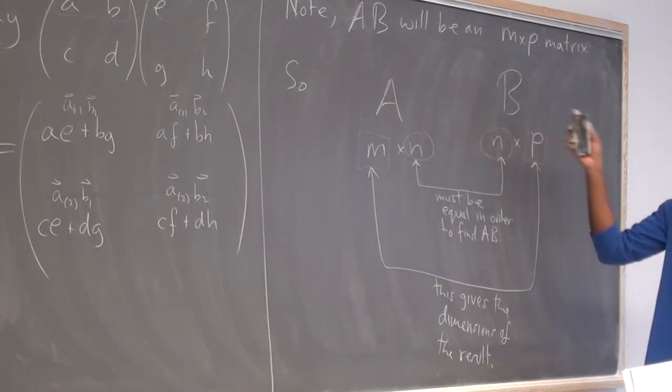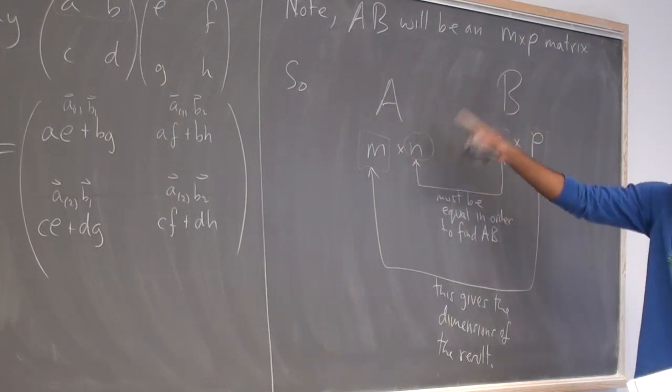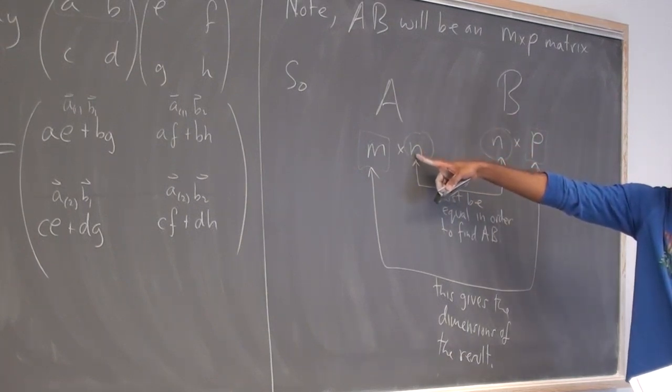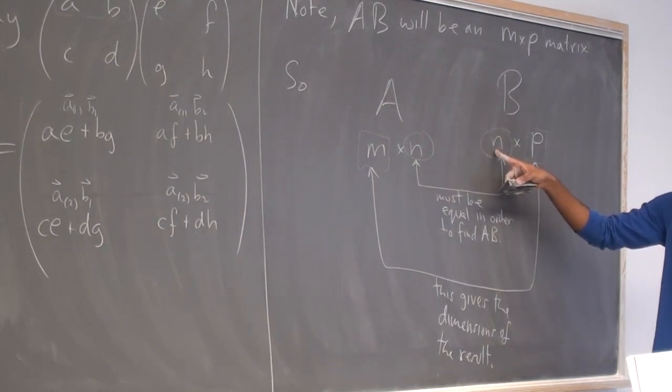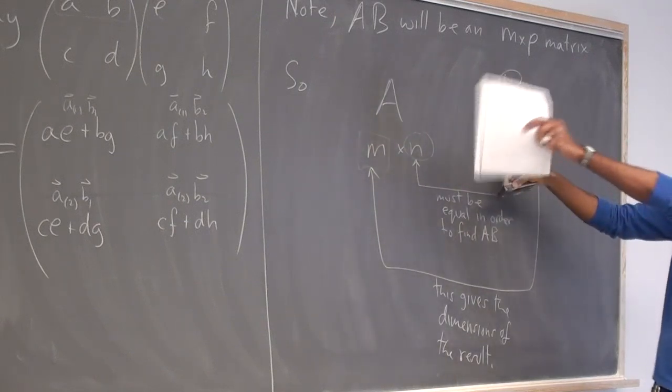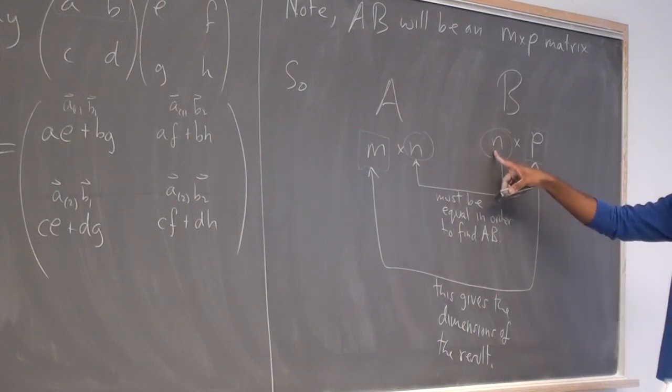Okay. So you can multiply any two matrices if the number of columns in the first one is equal to the number of rows in the second one. So it's conformal. Conformal means you can multiply the first guy. If this is conformal with respect to that, then you can find the product of this times that, right?